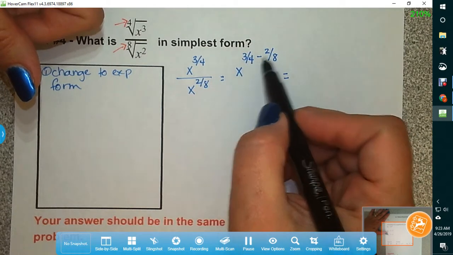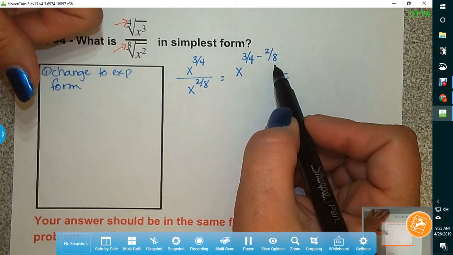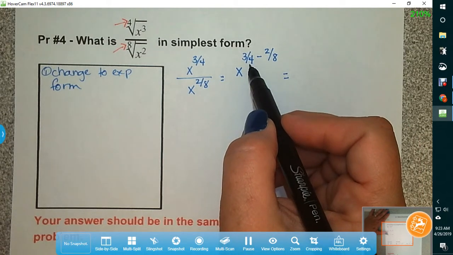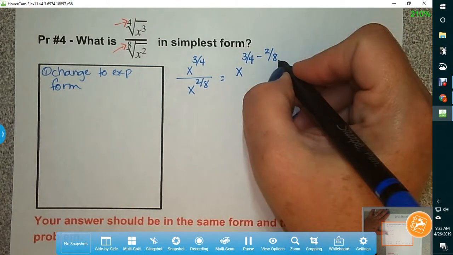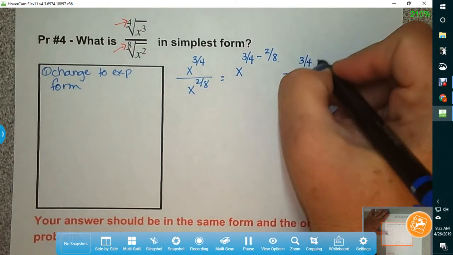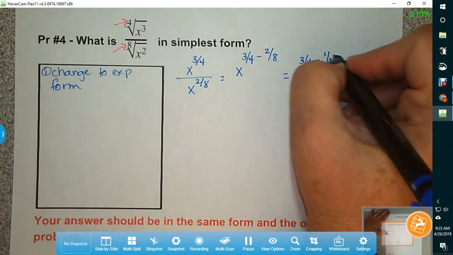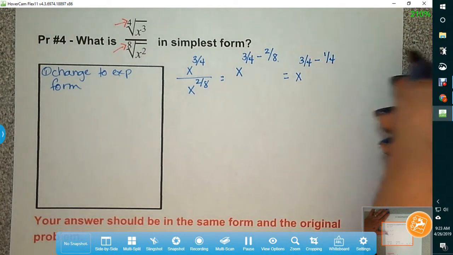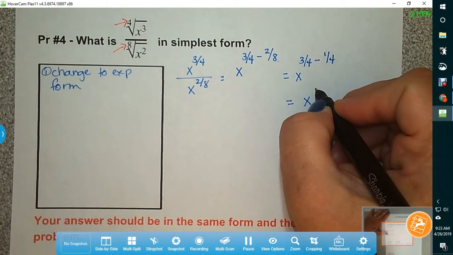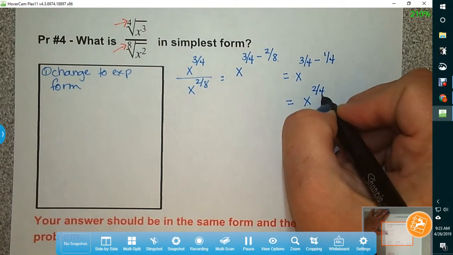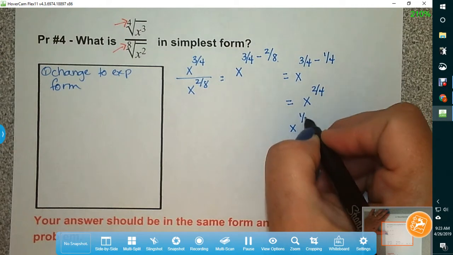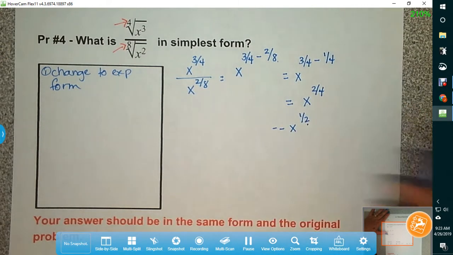So I can reduce this one so that it will be 1/4, or I could change the first one to 6/8. I'm going to reduce the second one. So 2/8 reduces to 1/4. 3/4 minus 1/4 gives me 2/4. You must reduce that so that you've got x to the 1/2.